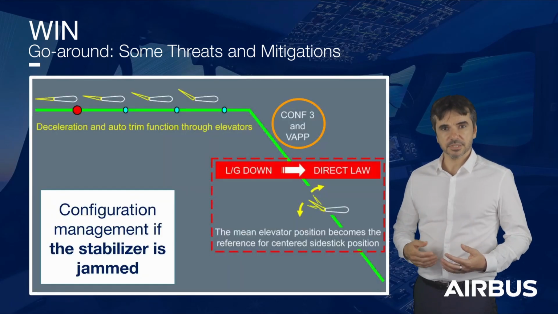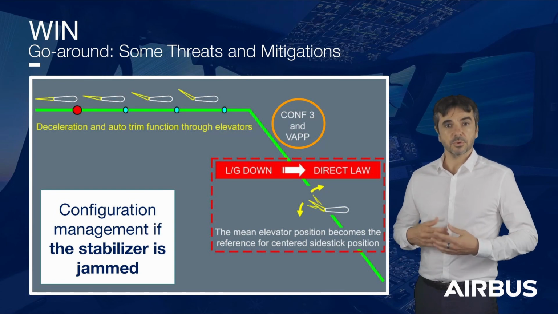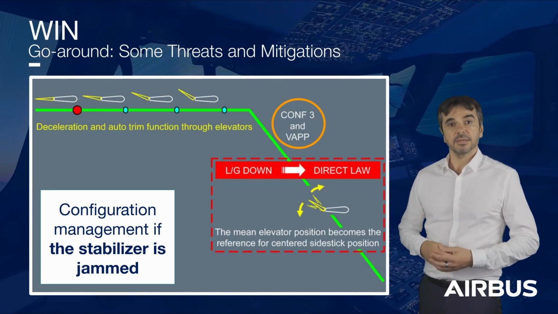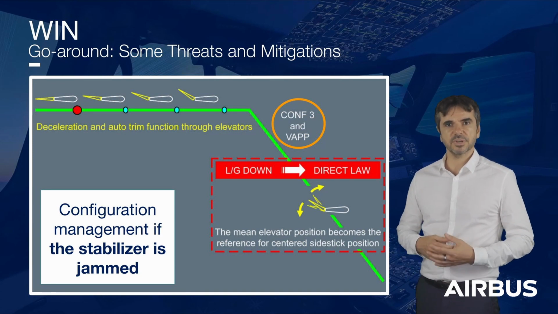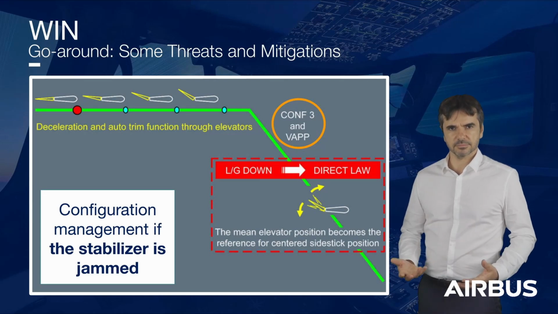One exception is when the failure results in a jammed stabilizer, for example on A320 with hydraulic green plus yellow low pressure. In this particular case, the sequence is flaps 1, flaps 2, flap 3, and when the approach speed is stabilized, gear down.